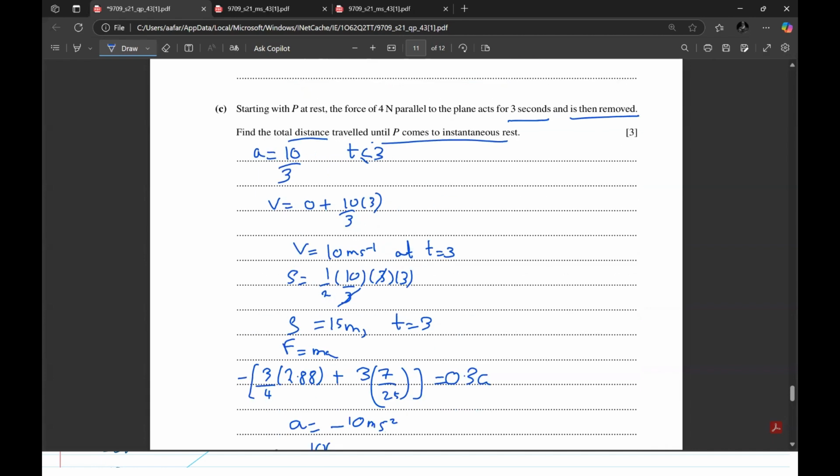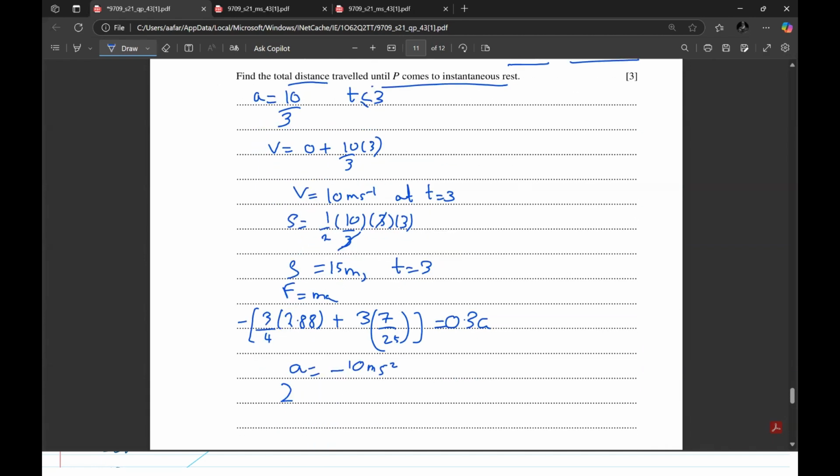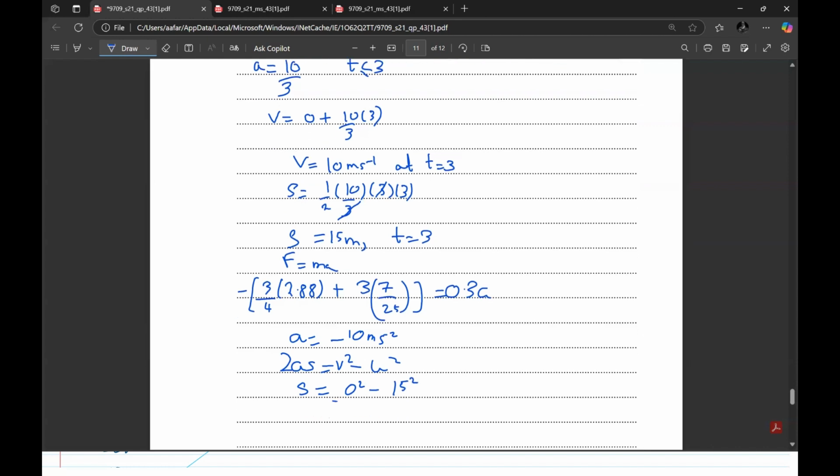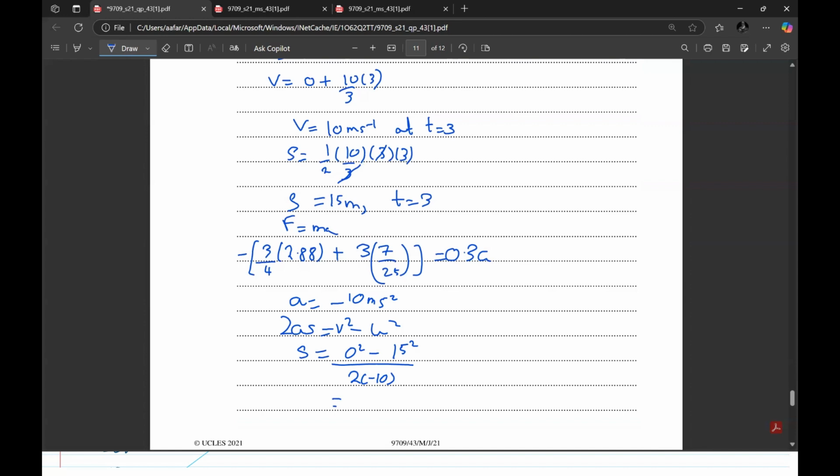Wait, let's use this 2as equation since we don't know the time it takes. At instantaneous rest, v squared is 0 squared. Final velocity minus initial velocity, 15 squared divided by 2, and acceleration is negative 10. So the distance it covers is basically 11.25.